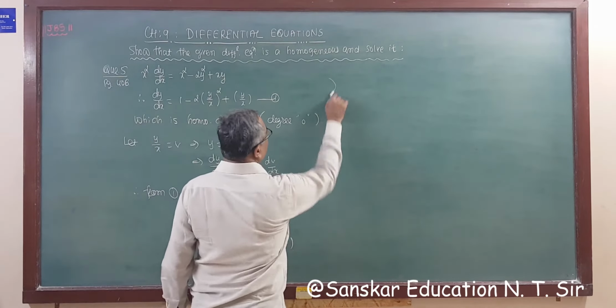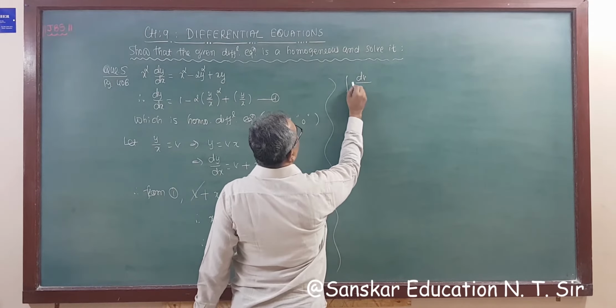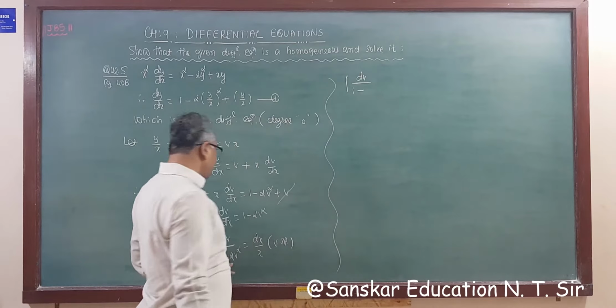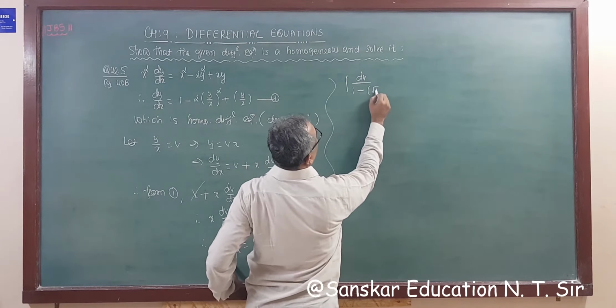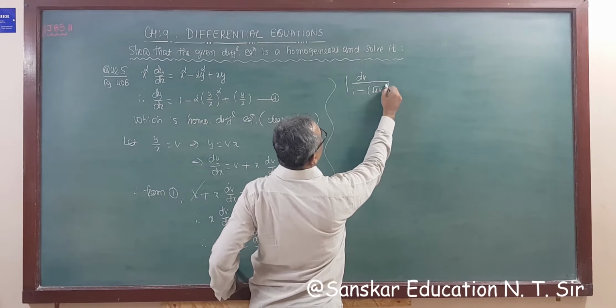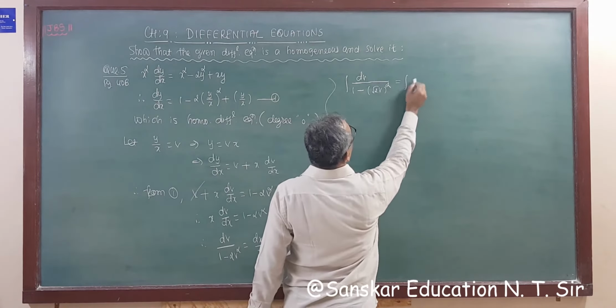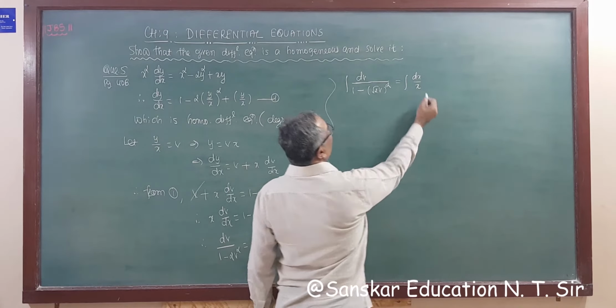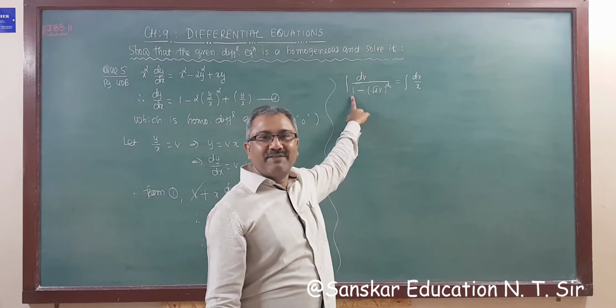So integrating, we get integration dv upon 1 minus, root 2v whole square, is equal to integration dx upon x. This is a very preliminary formula of indefinite integration.